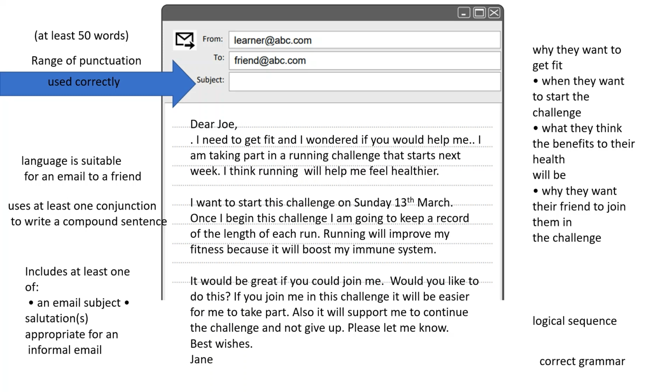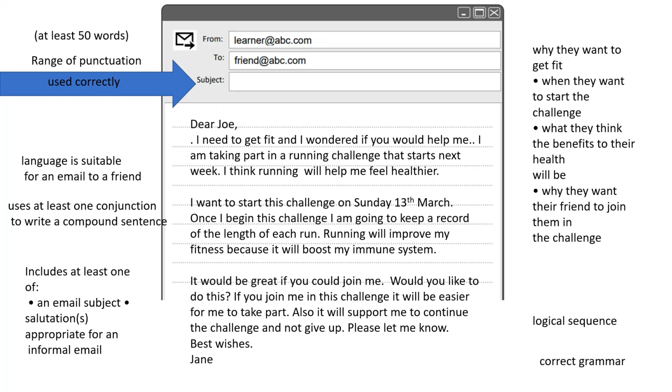And also, if I looked for contractions, I could find perhaps they haven't used that here, and they could have used the contraction I'm for I'm going to keep. But remember, we're also looking for other things to give points to, so that might not mean that you'll lose too many marks there. So look next at, have you used a compound sentence?